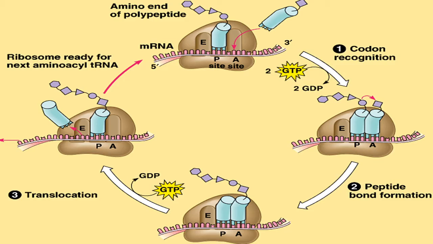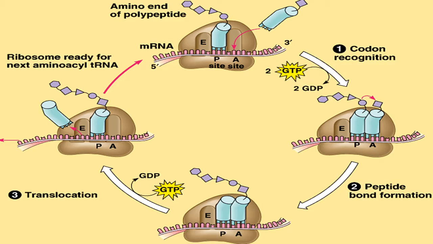Also, eEF1 alpha GDP is released. eEF1 alpha GDP is recycled to eEF1 alpha GTP. So this was the binding of aminoacyl tRNA to the A site.